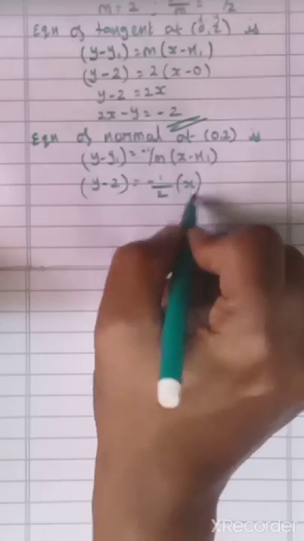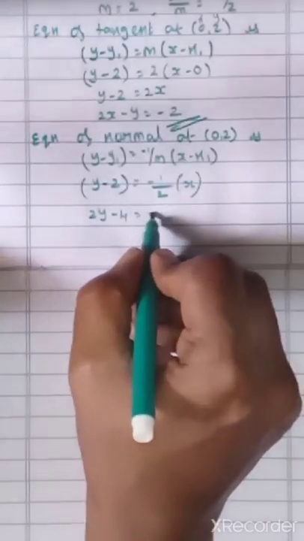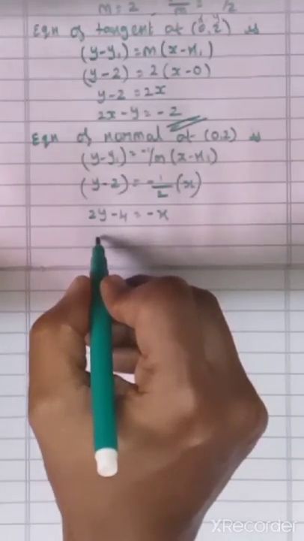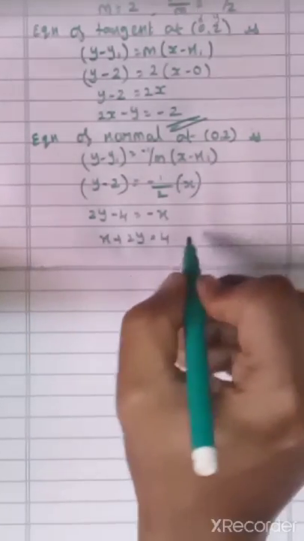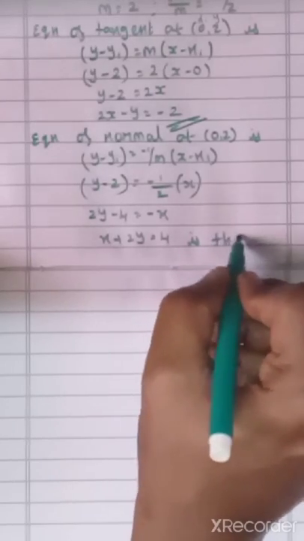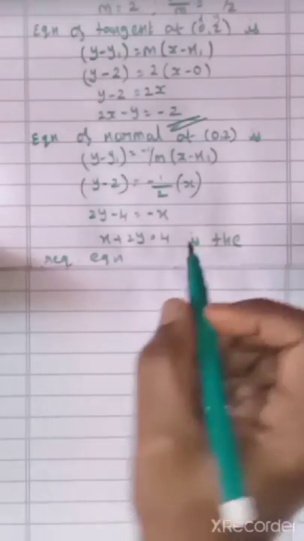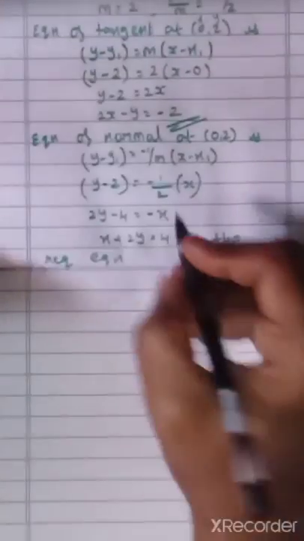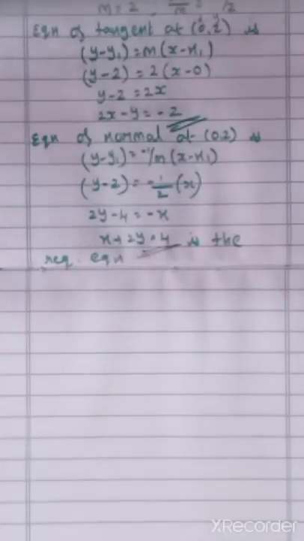Taking 2 to that side, you will get 2y minus 4 equal to minus x. Taking everything to one side, you will get x plus 2y equal to 4 is the required equation. So this is your equation of normal, and this is your equation of tangent.